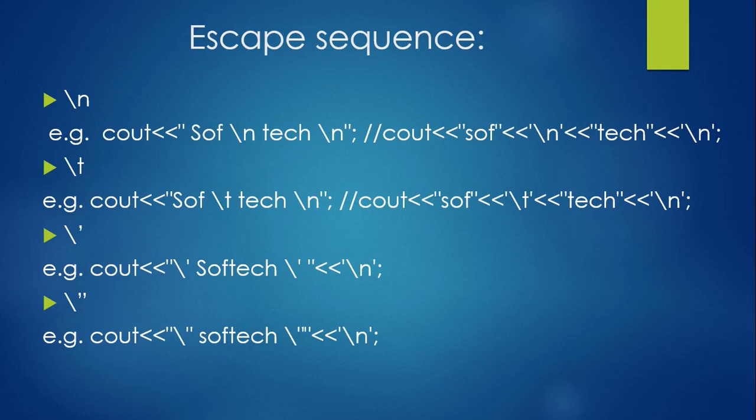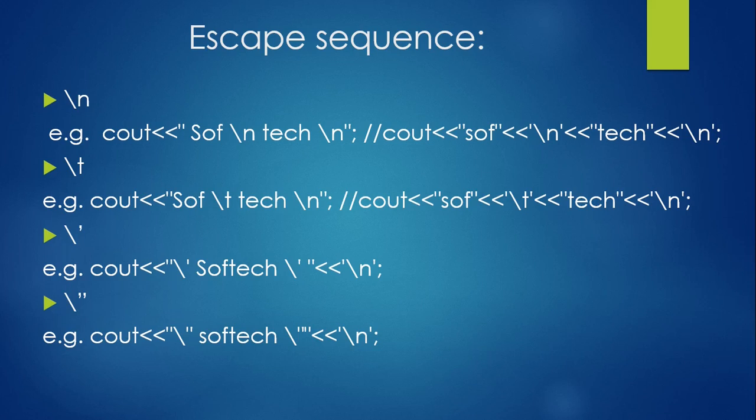So the number one is \n. It's the commonly used escape sequence, and escape sequences are used to control your output on the screen. So how and why do we use \n? We use \n to print our prompt in separate lines.